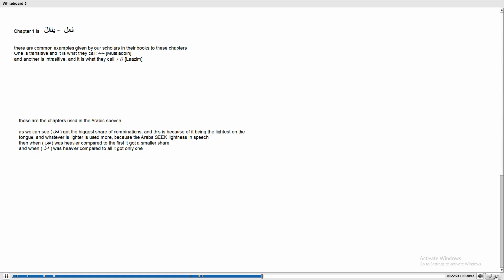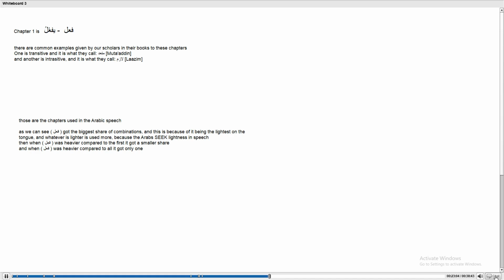So if you're waiting for the sentence to be completed, in the sense of knowing to whom that act was done or with whom that act was done, then this is transitive, muta'addin. Otherwise it is lazim. Like laughing is lazim. Sitting is intransitive. Thinking is intransitive.